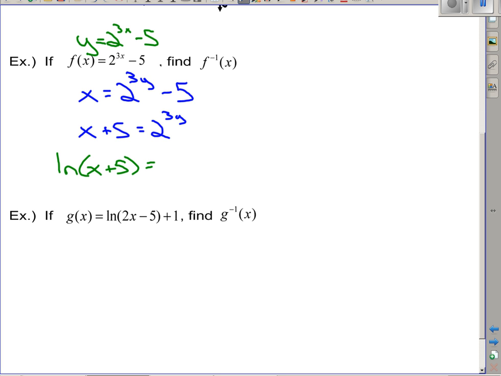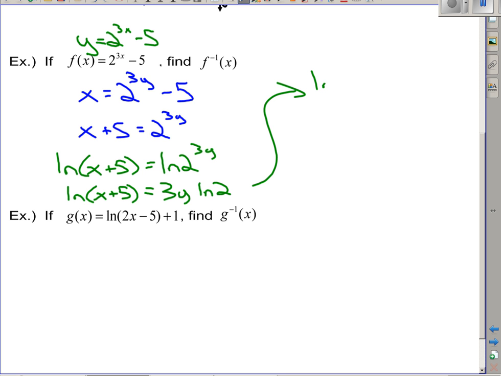Okay. I'm using the golden rule of equations. Whatever I do to one side, I do to the other. I know from my log laws, now I can bring down that 3y, the exponent. I could divide both sides by ln 2.